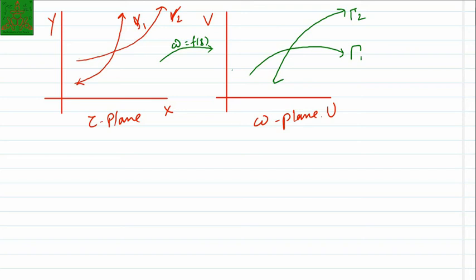Now let us draw the tangents to both these curves: the tangent to gamma 1 and the tangent to gamma 2, and similarly for their images. I forgot to mention that this is the point z0 and the image of z0 is w0. How do we measure the angle between these two curves?